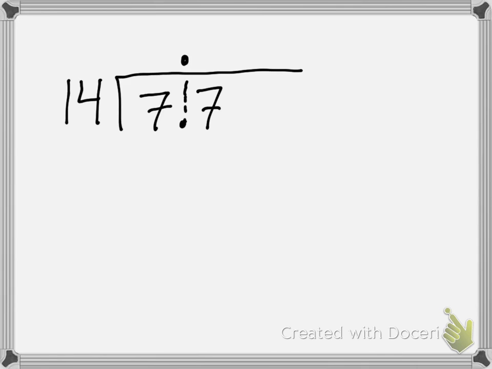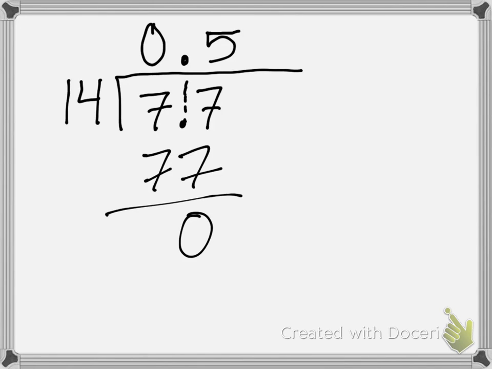We have to figure out how many times 14 goes into 77. Does 14 go into 7 at all? No. So how many times does 14 go into 77? Ani? 5 times. Do you agree with her? Yes. And that's an even 77.